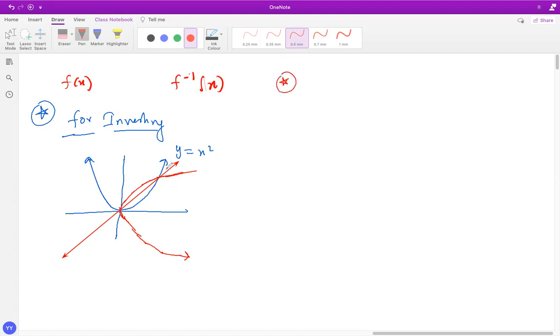You can see that this graph's inverse is not a function. So for finding an inverse, remember that the condition is that the function must be a one-to-one function.